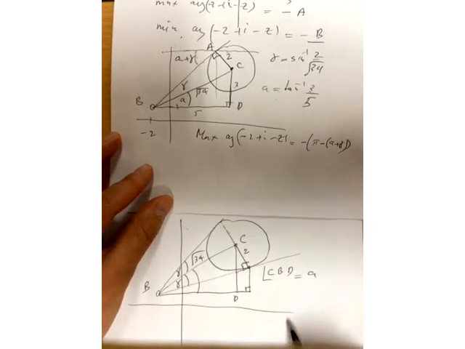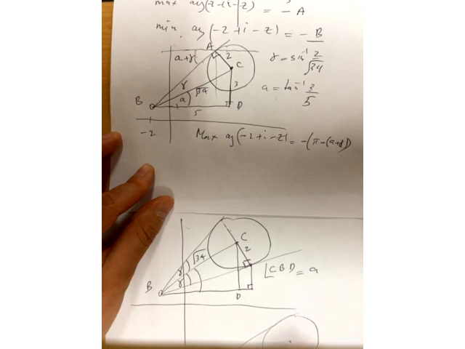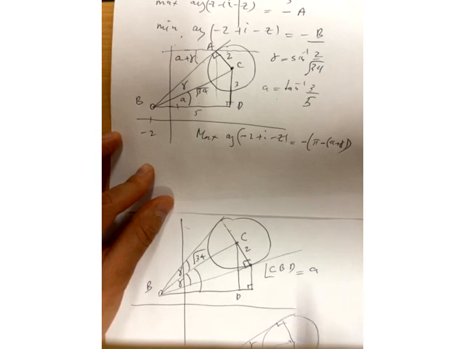So I'll draw the circle geometry theory for you. If you have tangents drawn from an external point, these two are equal because of symmetry. That's the radius equal, so these two angles are equal.